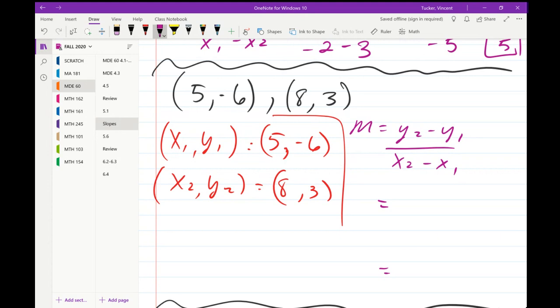So y2 minus y1 over x2 minus x1. Y2 is 3. Y1 is -6. X2 is 8. X1, 3. Once again, negative turns positive.